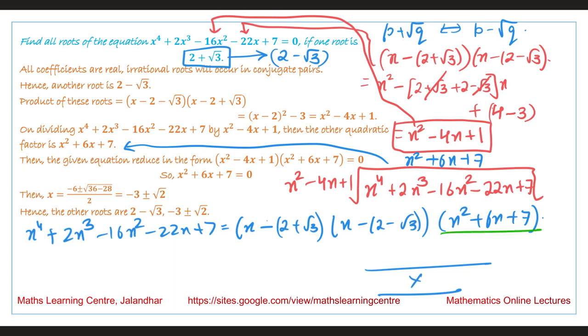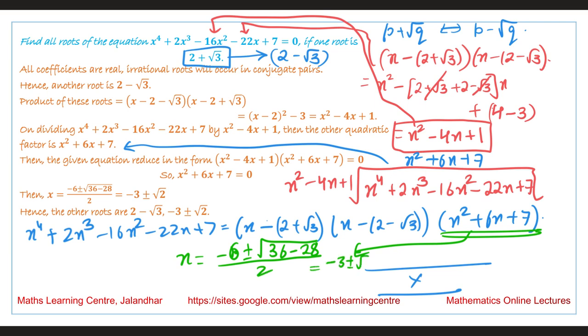So we are left with factorizing this term. If we find the roots of this term, we get x equal to minus b plus minus square root of b square minus 4ac, that will be 28 divided by 2. So the answer we obtain is minus 3 plus minus root 2.